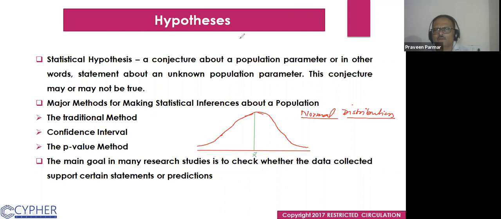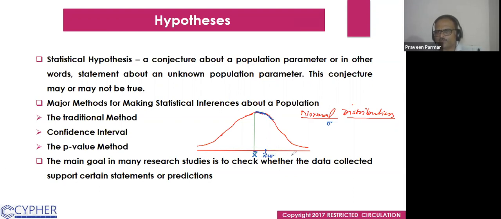I take some dark colors, visible. This is the mean. Median is also here, mode is also here. And there is some standard deviation, which is sigma. This is the point where the curve inflects and changes its curve direction. So that is x bar plus sigma.